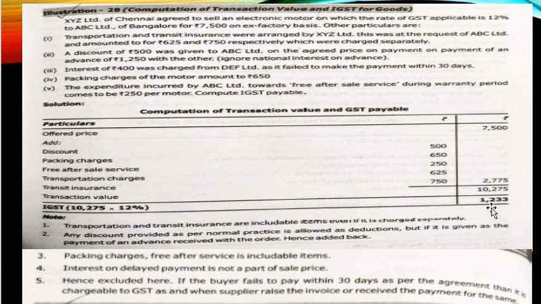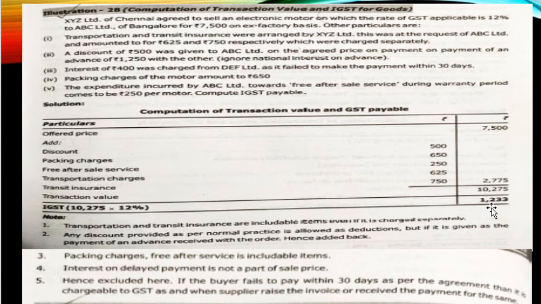So note, transportation and transit insurance are included items even if charged separately. So now your transportation and transit items are to be included with the offered price because it is the expense which is incurred by the supplier. So it should be charged to find out what is the total transaction value.